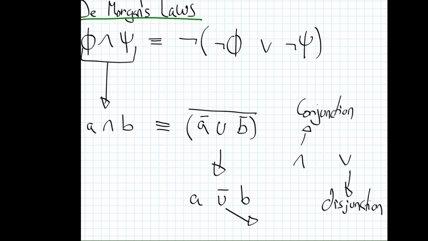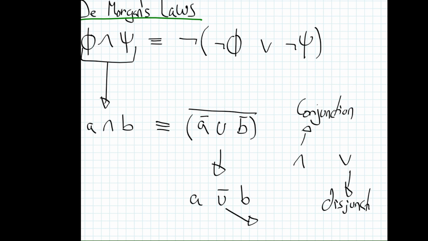Okay, so any value with the same variables, a conjunction b, is the exact opposite of a disjunction b.